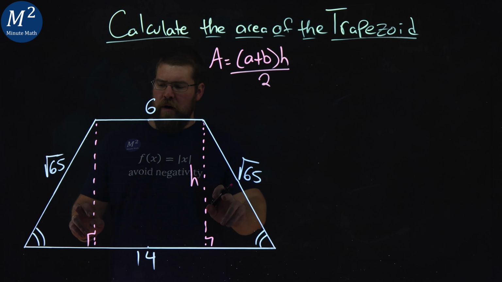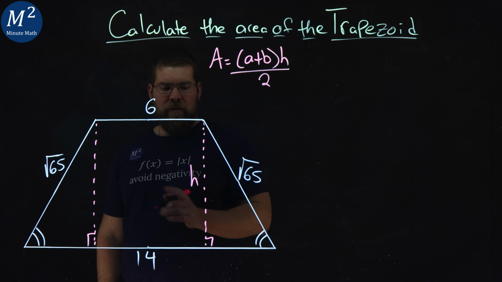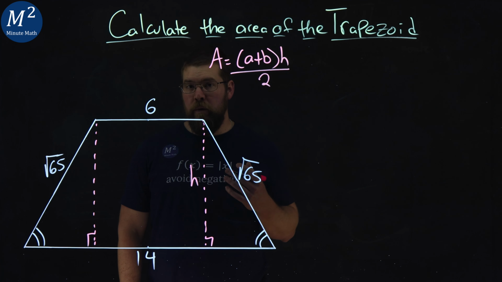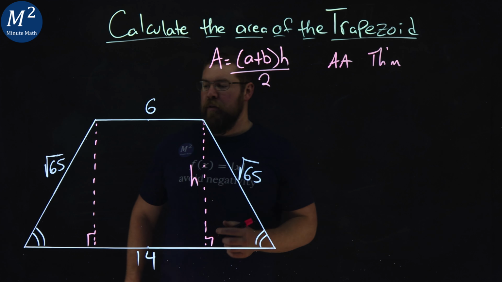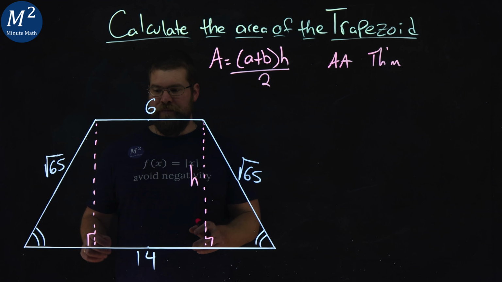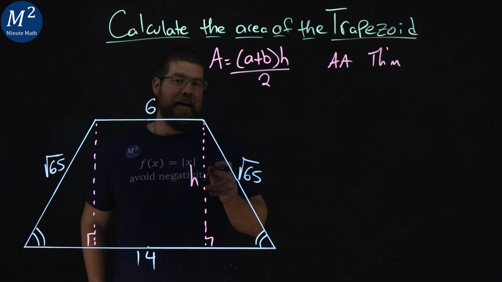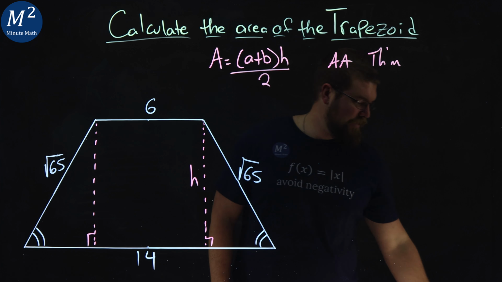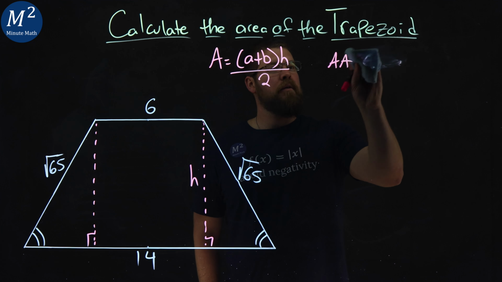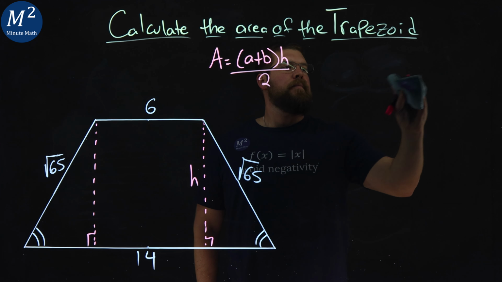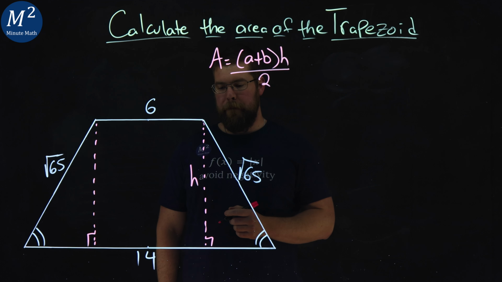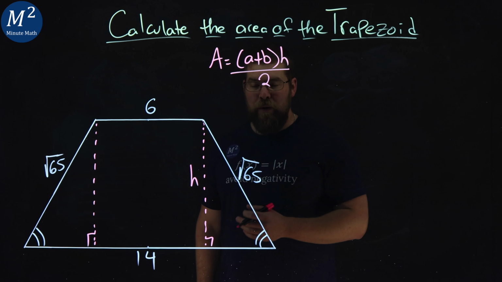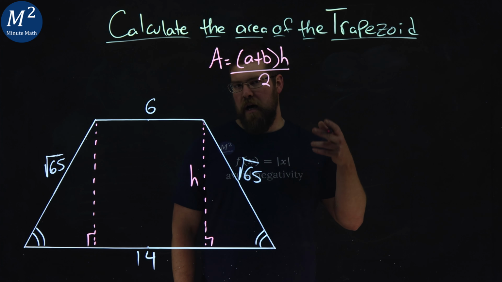Now let's look at these two triangles. We have two triangles right here, and these two triangles are actually congruent. They are congruent by our angle-angle-side theorem.